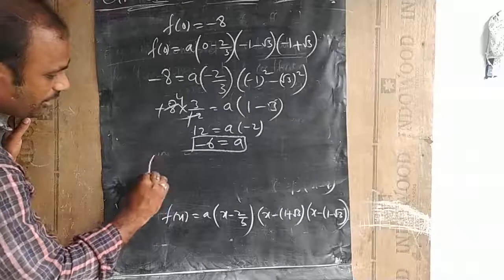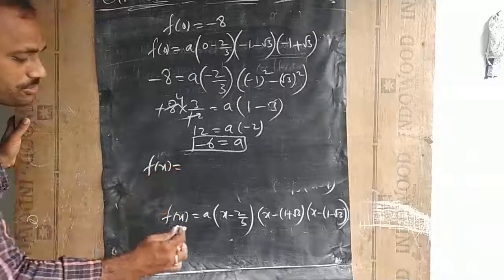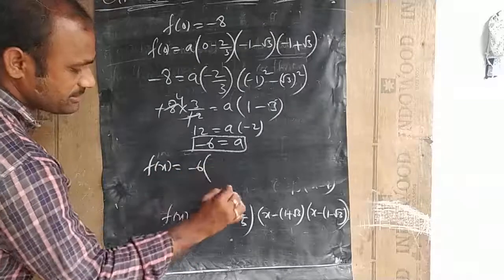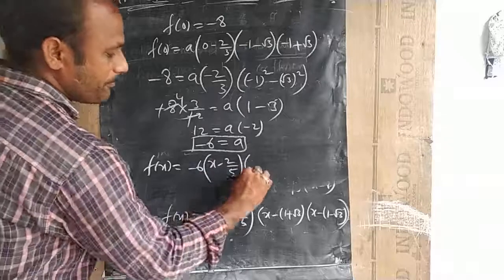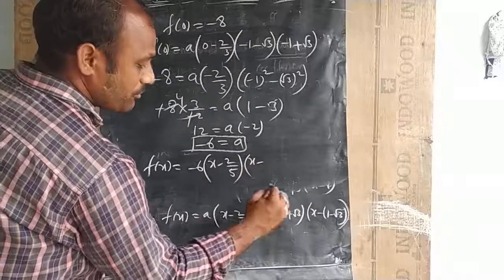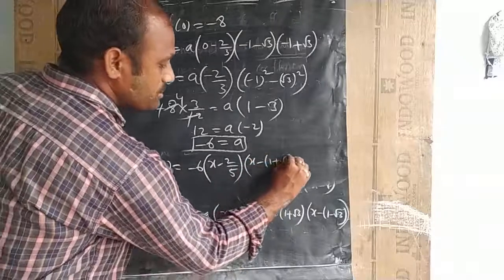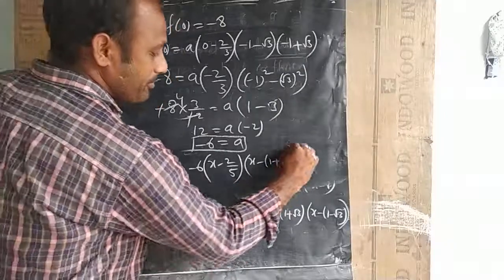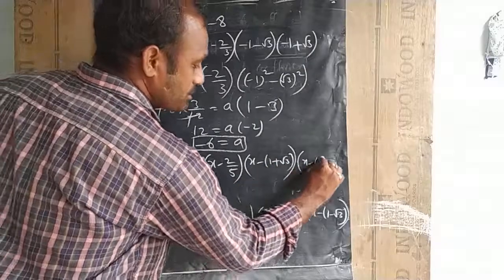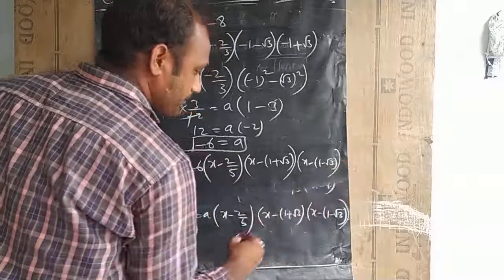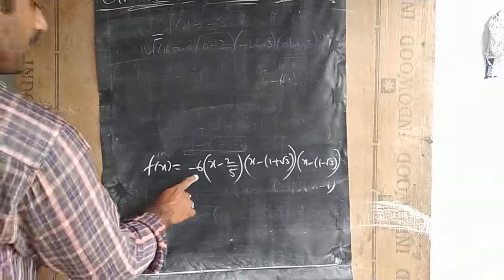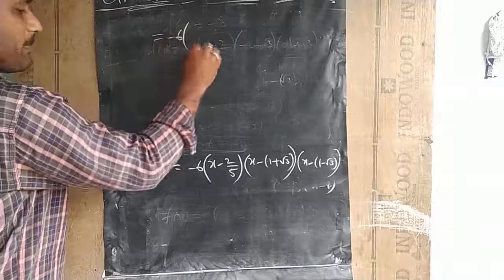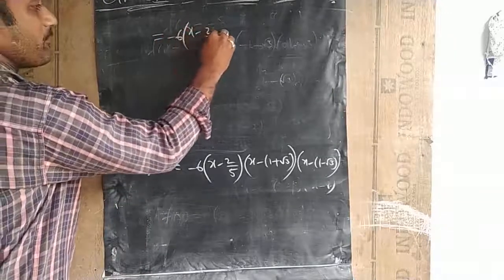So what we are going to get here, f of x is equal to a, which is now minus 6, minus 6 into x minus 2 by 5 into x minus of 1 plus root 3 into x minus of 1 minus root 3. Let us multiply this first. These two we will keep as such, x minus 2 by 5.